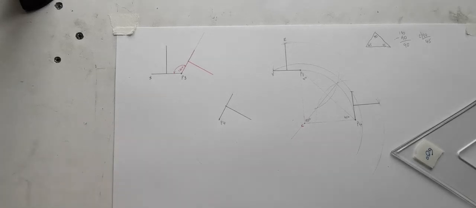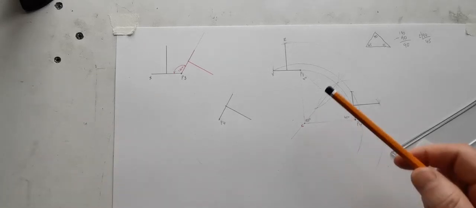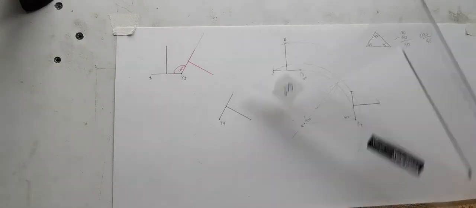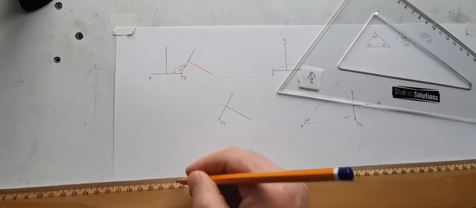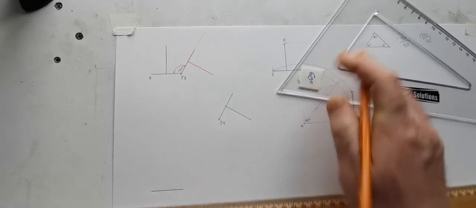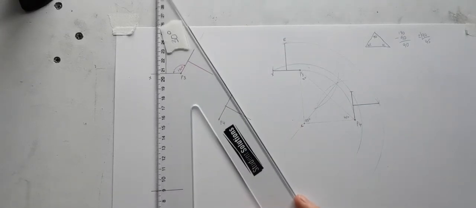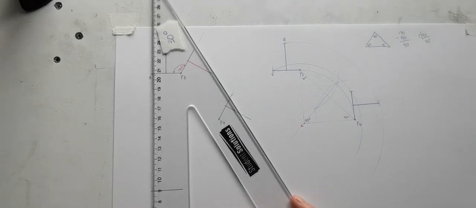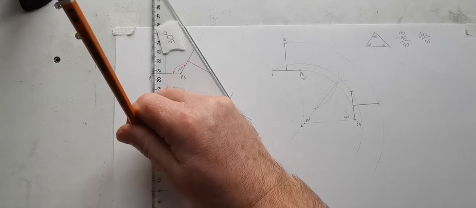So I'm going to do another one here now. I'm going to draw a box here, just to get away from the T. I'll just draw an L maybe actually. So I'm going to go 40.